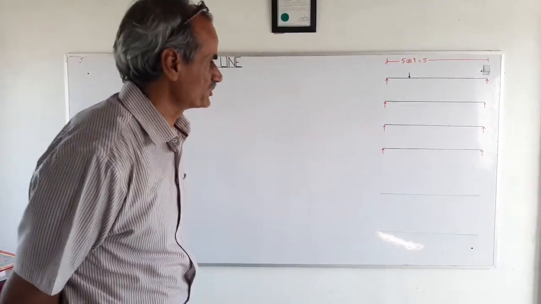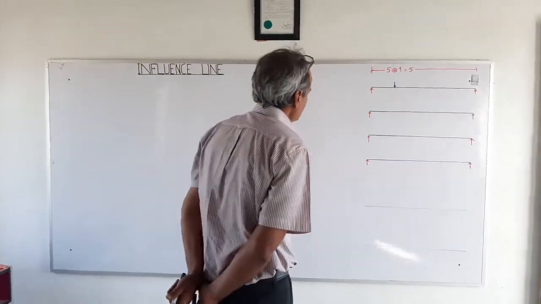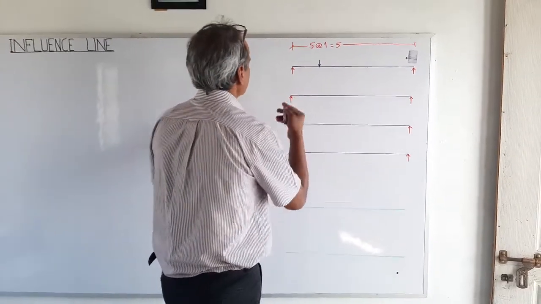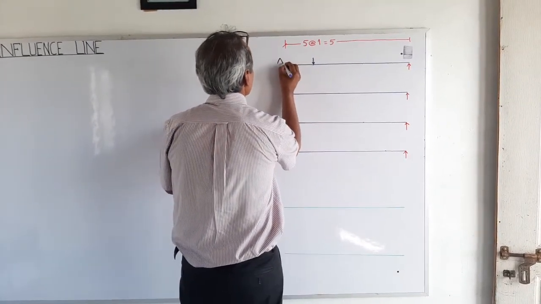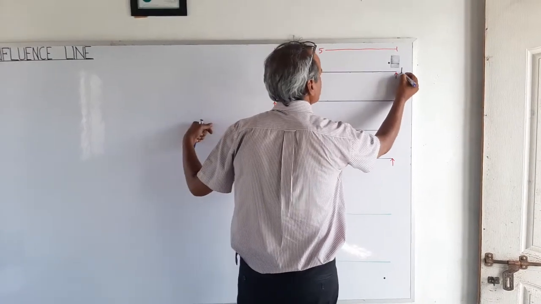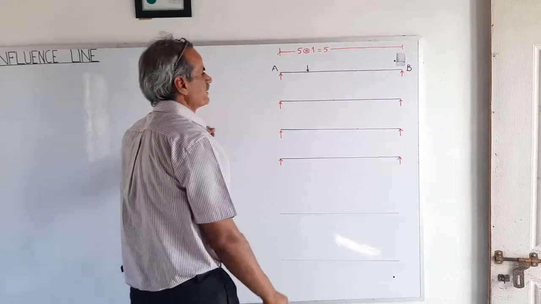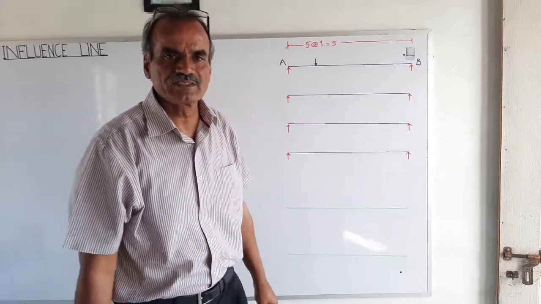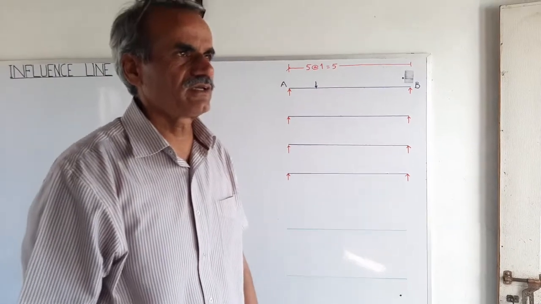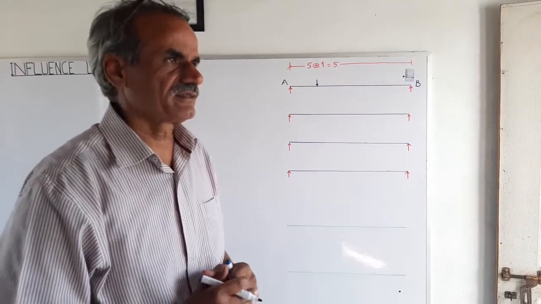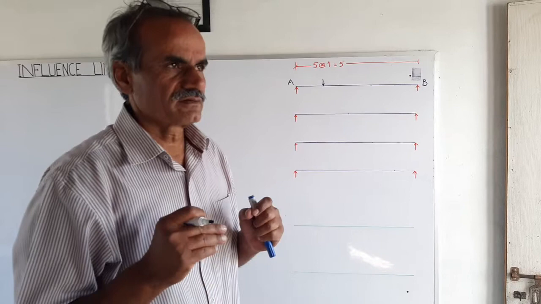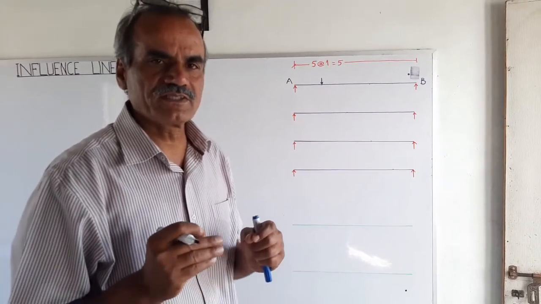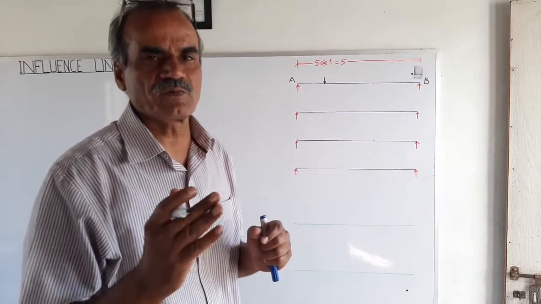Let's suppose that here is a simply supported beam. Let's call it A and B, on which a unit moving load is traveling, and we decide that we will calculate the response functions with respect to the load at specific points.